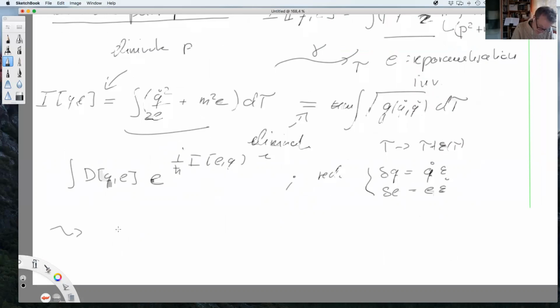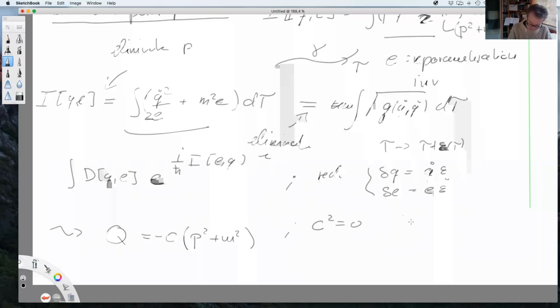Let me write it perhaps as Q now, which is going to be c times minus p squared plus m squared. And that's it. Now c is an odd variable, c squares to 0. So c is odd, so parity odd.